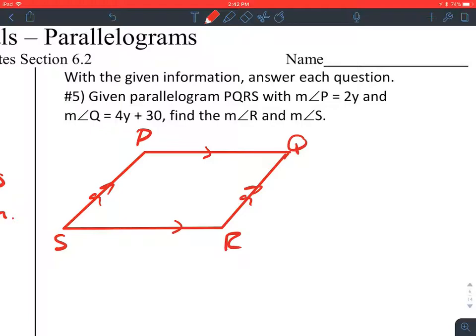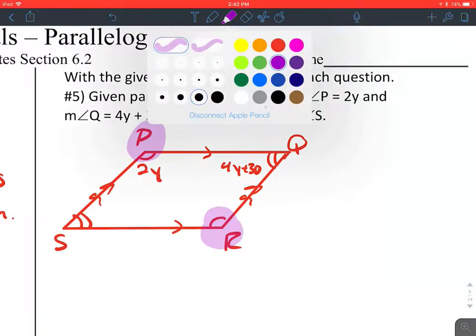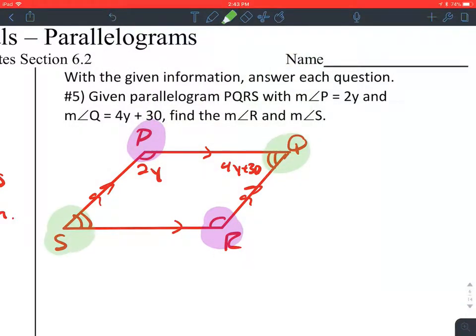It says the measure of angle P is 2y. Measure of angle Q is 4y plus 30. Find the measure of angles R and S. Well, the opposite angles in a parallelogram are the same. So that means that P and R are congruent, and that means that Q and S are congruent.